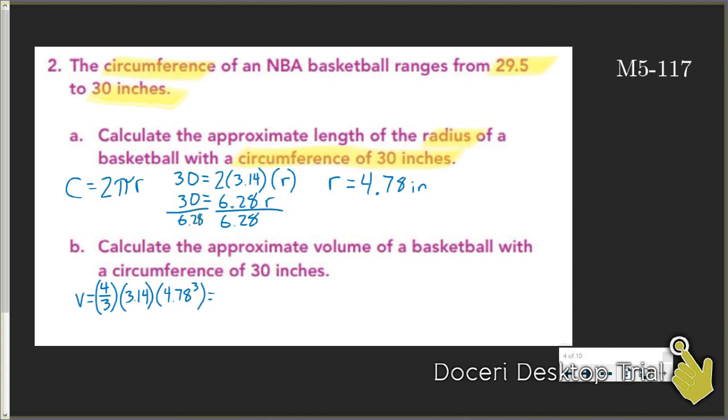And when we type all of that into our calculator, we get 457 and 25 hundredths. That was in inches, but it's inches cubed because now we're talking about the volume of something. And there is our answer.